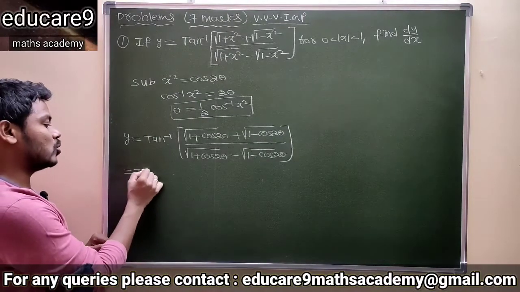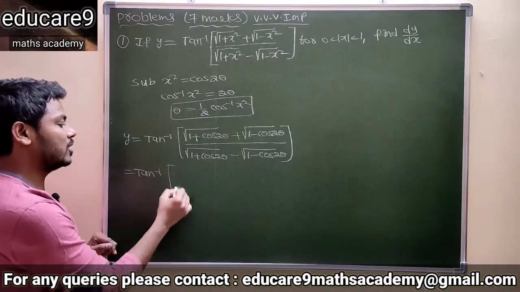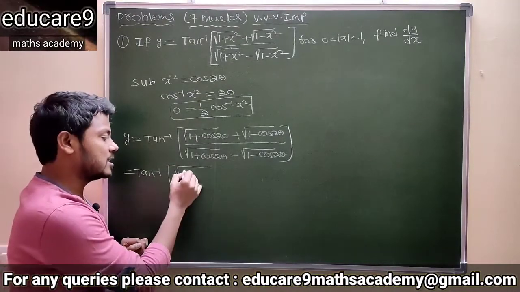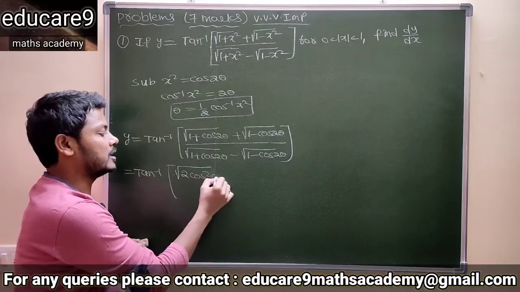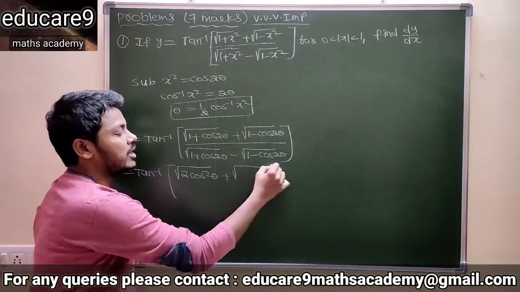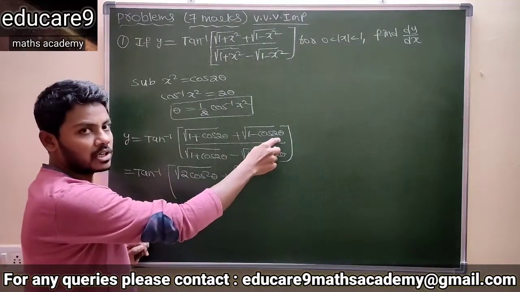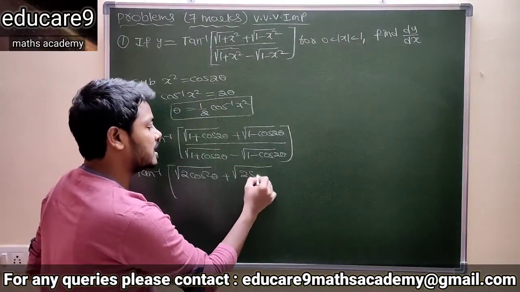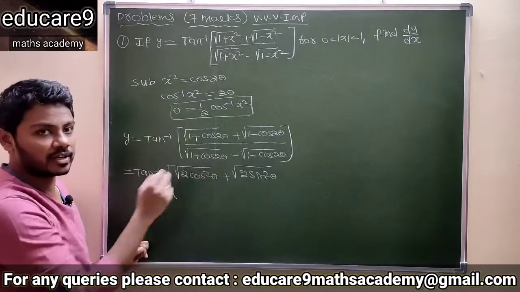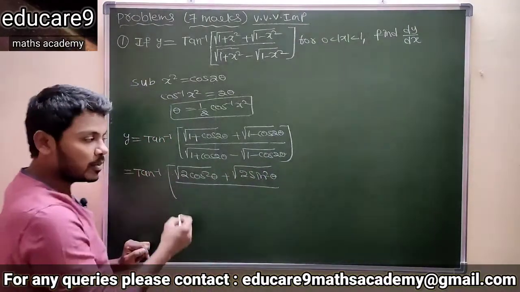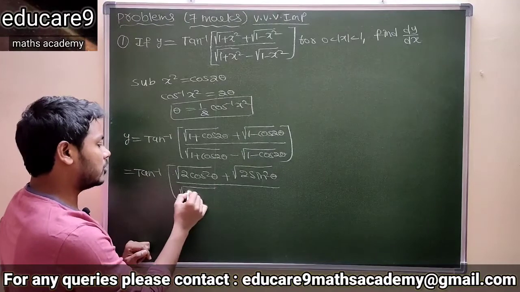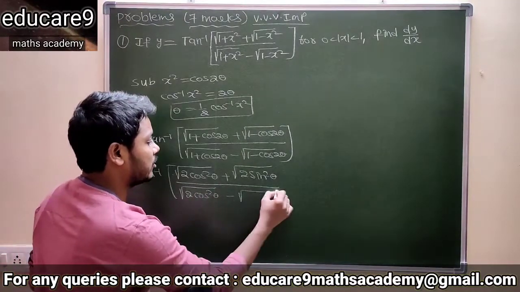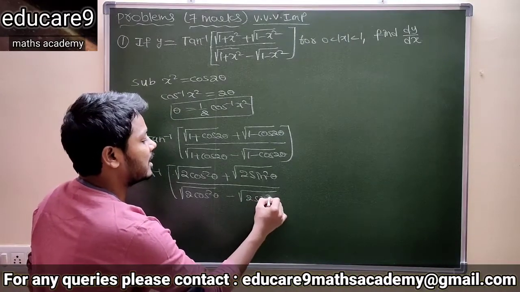Now the formula for 1 plus cos 2 theta is 2 cos square theta, and 1 minus cos 2 theta is 2 sin square theta. Similarly for the denominator, square root of 2 cos square theta minus square root of 2 sin square theta.